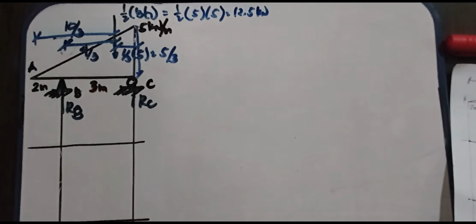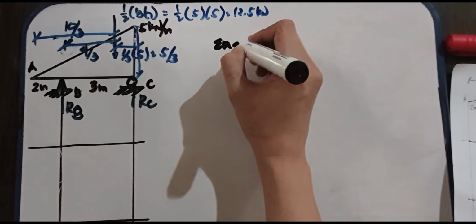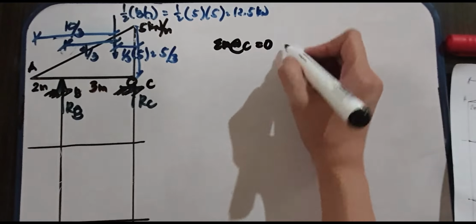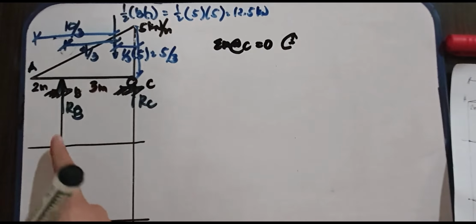Okay? Next, let's find the reactions. So, we have summation of moment at C is equal to 0, clockwise to be positive. What are the clockwise moments here?